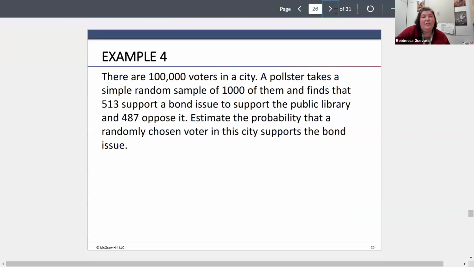So there are 100,000 voters in a city. A pollster takes a simple random sample of 1,000 of them and finds that 513 support a bond issue for the public library, while 487 oppose it. We want to estimate the probability that a randomly chosen voter supports the bond issue.